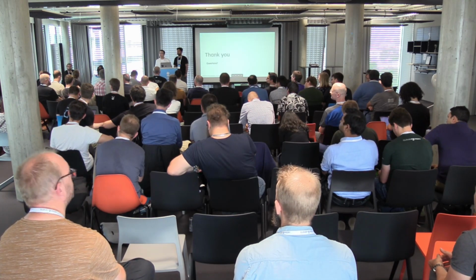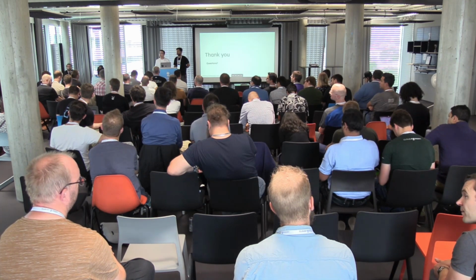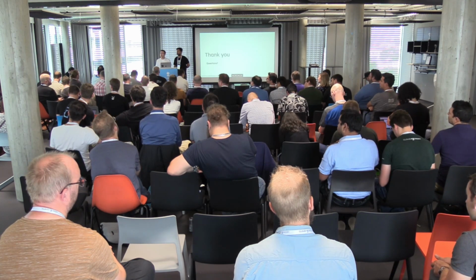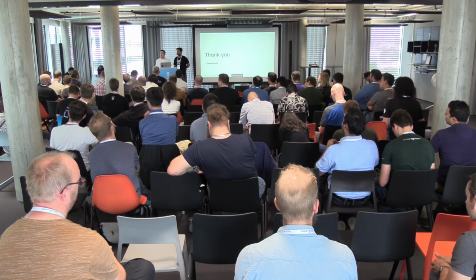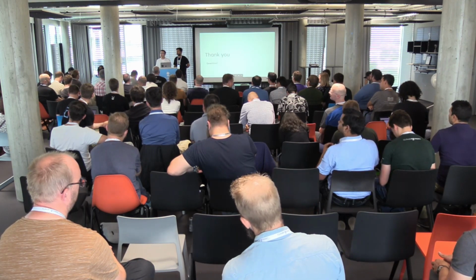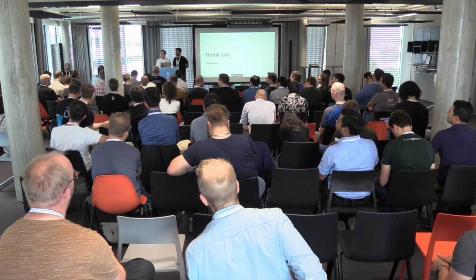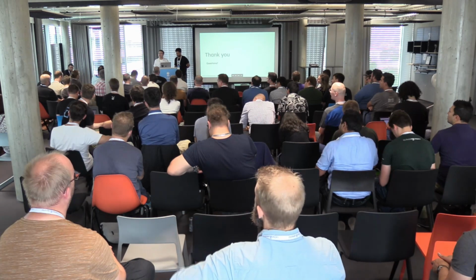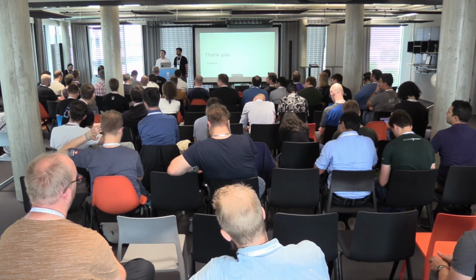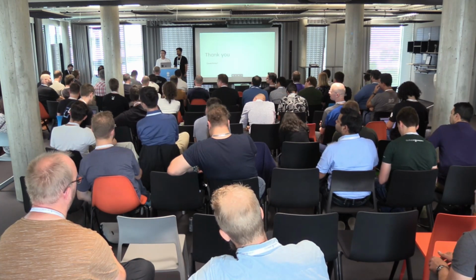I have a question regarding the logic that kills the old director and provisions the new one. That obviously cannot be in BOSH because BOSH is not there. Where's the logic you described running on? Sorry, I didn't get it. Can you say again, please? Okay, so you presented a lot of logic that would provision a new BOSH director and kill the old one, or put it away with access control lists.